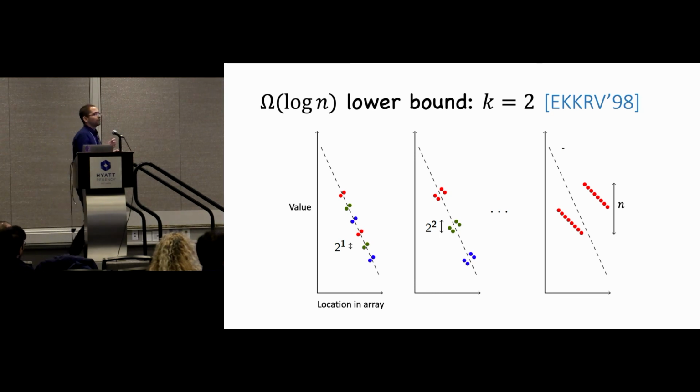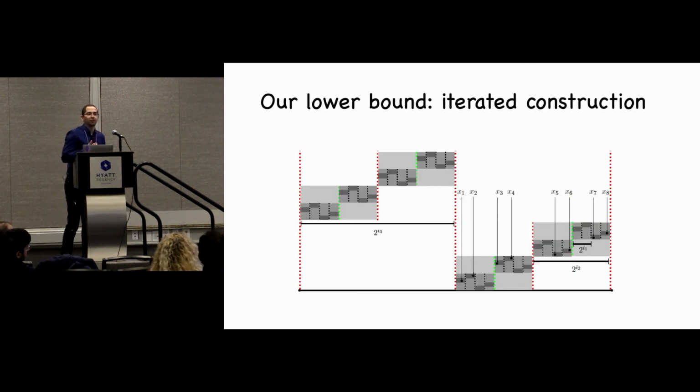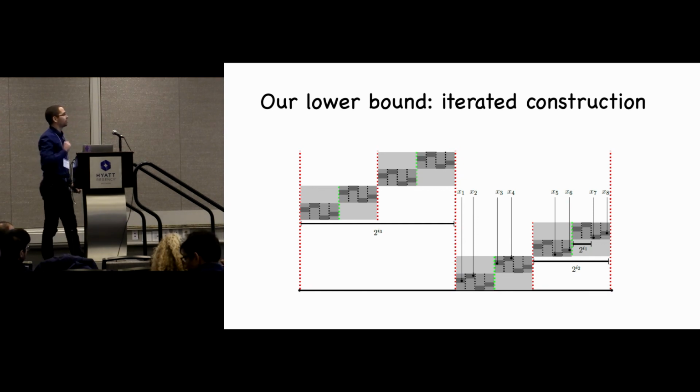It turns out that the number of queries that you need to make is at least asymptotically linear in the number of different types. Our lower bound is an iterated version of it. For example, for k equals 8, you iterate 3 times.